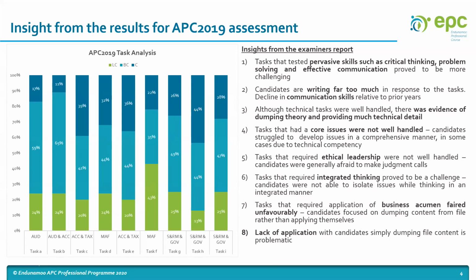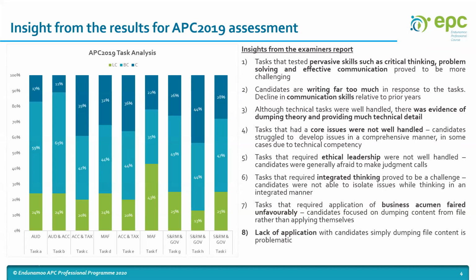Number 2, this is a very interesting one. So they are saying that candidates are writing far too much in response to the task. And this should challenge quite a lot of you, or if you're one of those, you should find this point a challenge coming from the examiner, that writing too much does not necessarily mean you're on the right track.